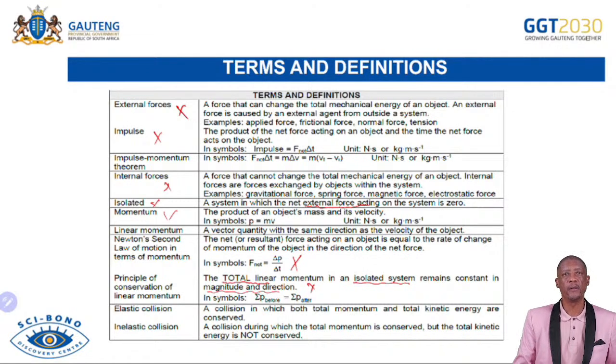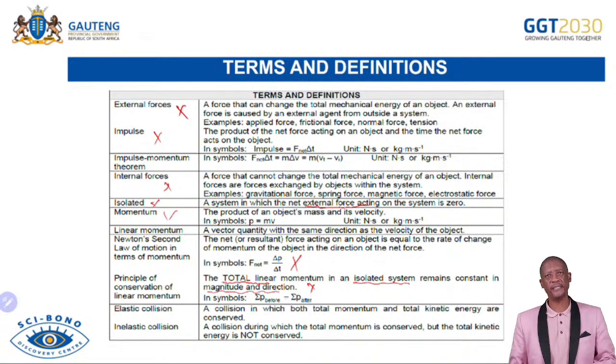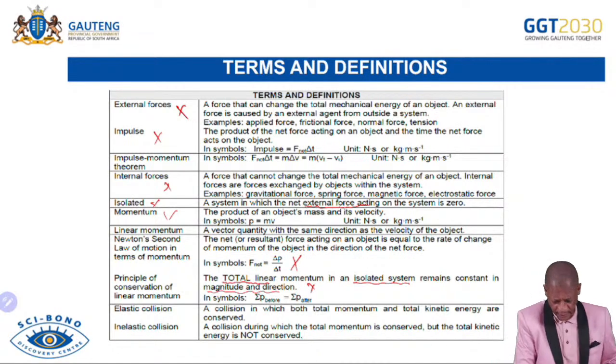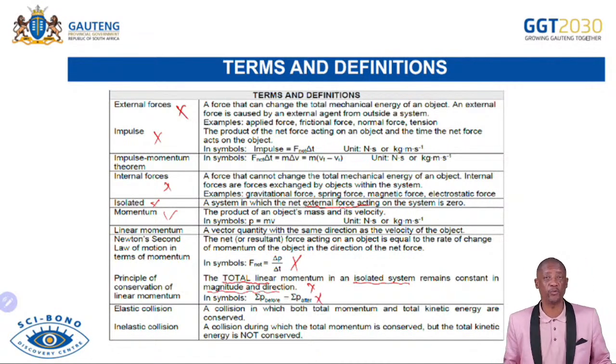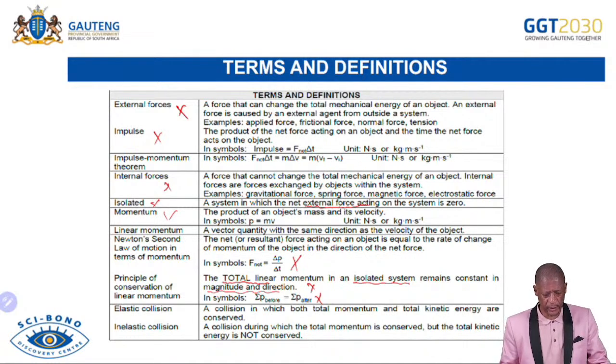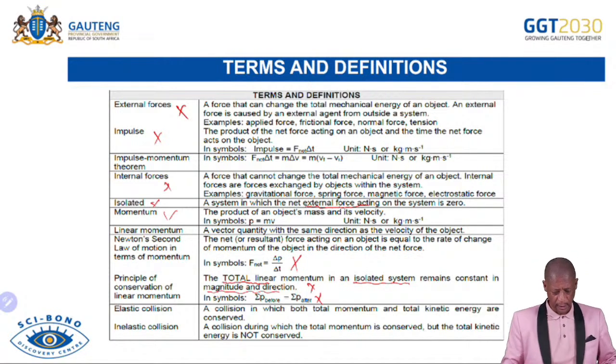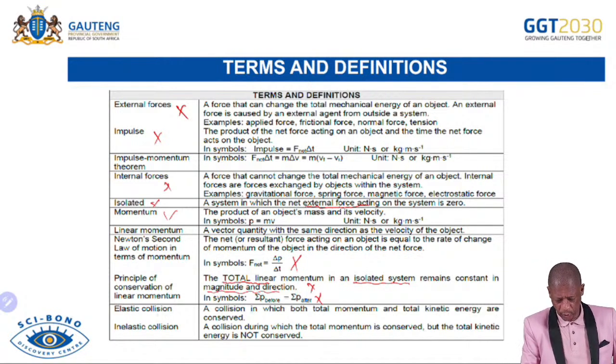This is, so to speak, the sum of momentum before is equal to the sum of momentum after. This is what we're going to do. So it tells you about the conservation, the principle of conservation of linear momentum. Then we have elastic and inelastic collisions. An elastic collision is a collision in which both total momentum and total kinetic energy are conserved.